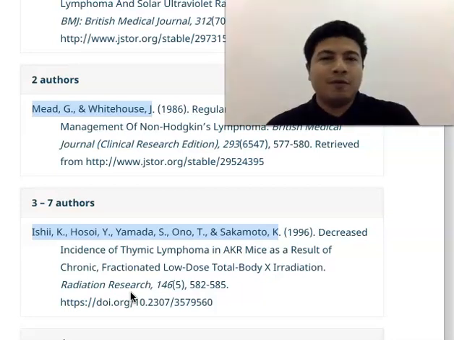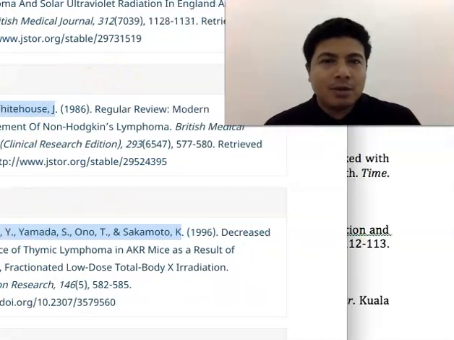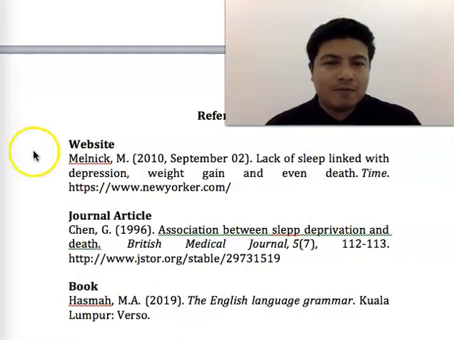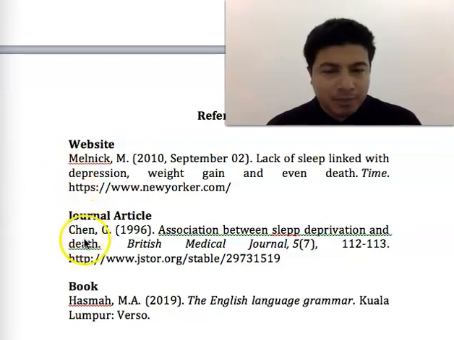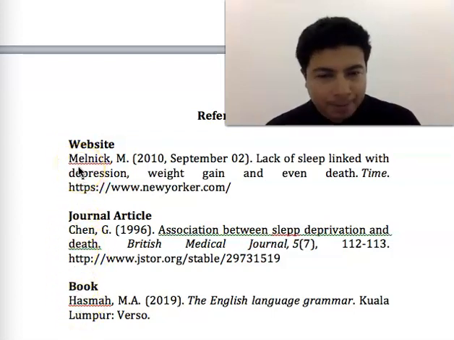And the format that we follow is APA format. So I guess that is all about list of references, but you'll have to make sure it is in alphabetical order. So for example, if C comes before M, that means C has to be first, followed by M, followed by H, and then followed by M.